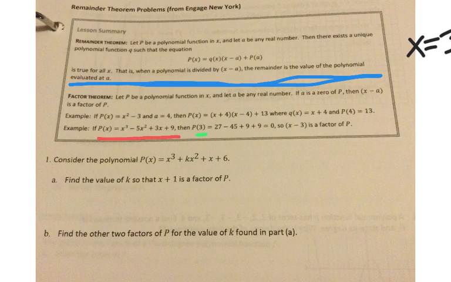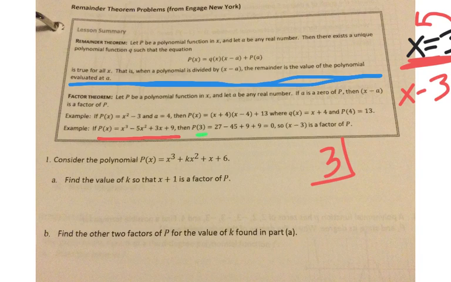That's a possible root, a possible solution. If this was the solution, then the factor would be X minus 3. Think about moving this over and making it equal to 0. So if X minus 3 is a factor, then 3 is a possible root.